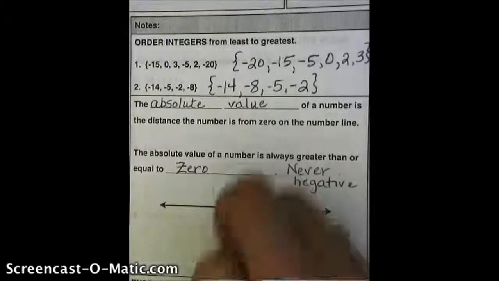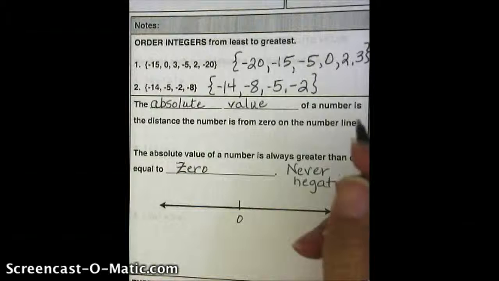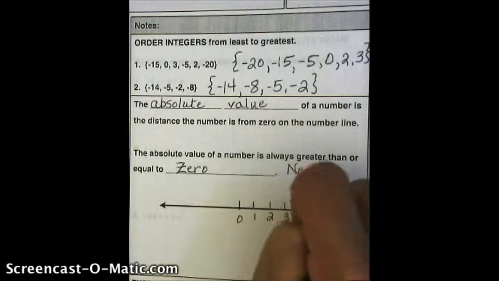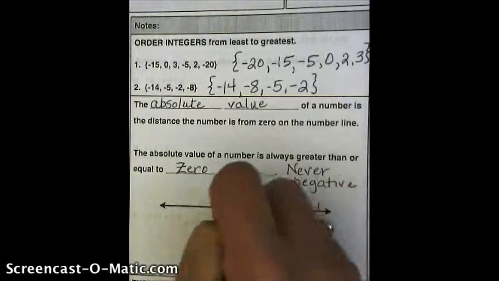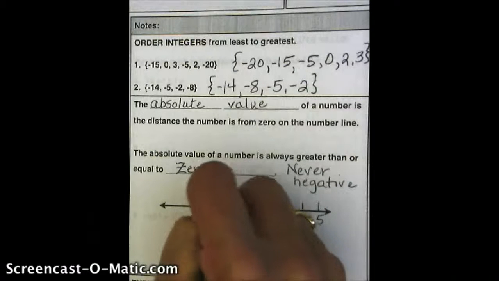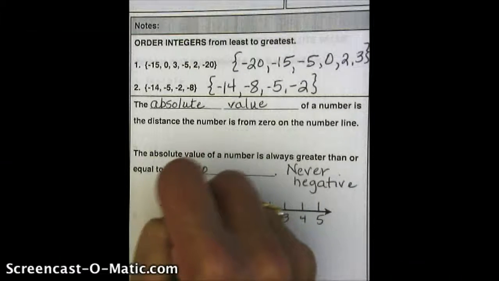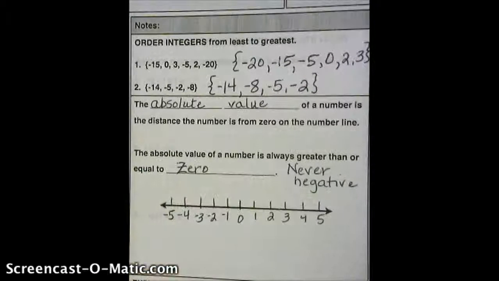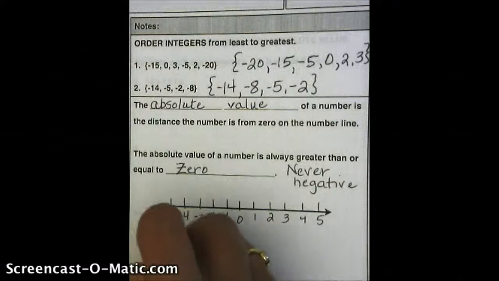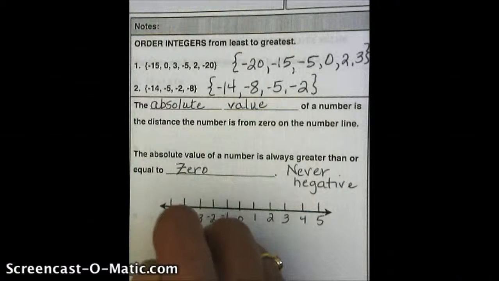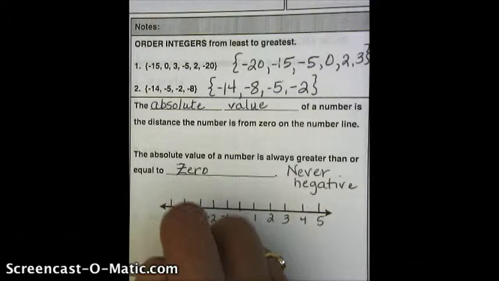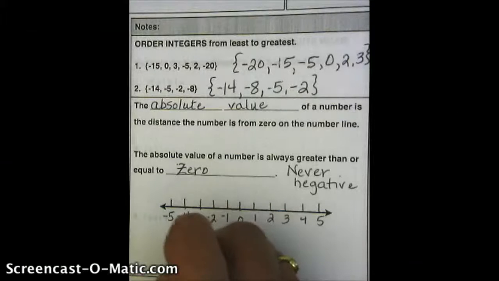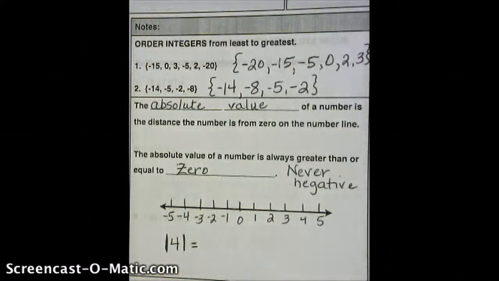Let's take a look at the number line. And we'll go ahead and fill it in with some numbers. 0, 1, 2, 3, 4, 5, -1, -2, -3, -4, and -5. If we want to know what the absolute value of 4 is, we're going to first write it in absolute value symbols, and those symbols are 2 bars on either side of the number, and that's read as the absolute value of 4.